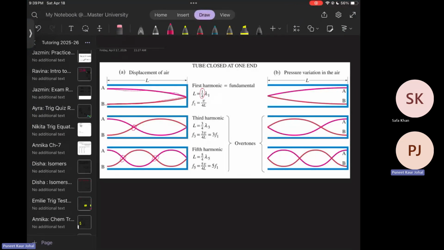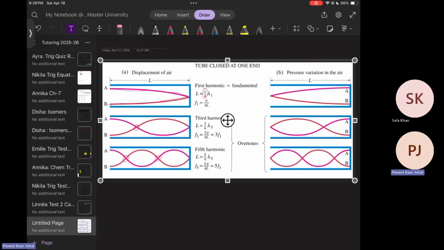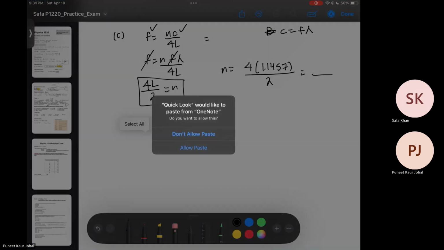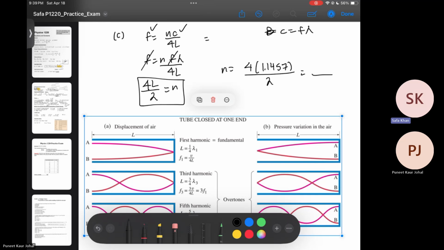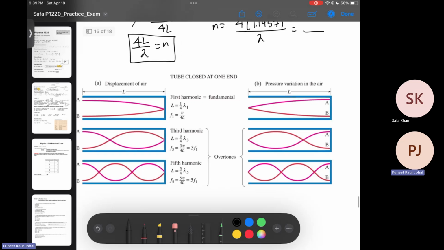Depending on n, let me see if I can copy paste this, because this image will be useful to help you draw. Okay, perfect. This will be the drawing when n is equal to 1.